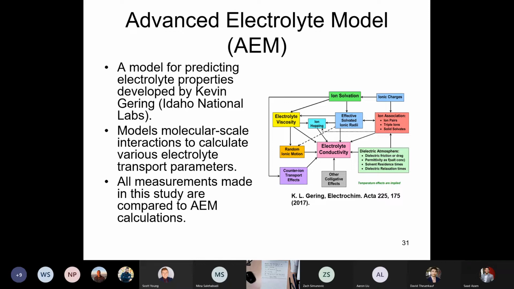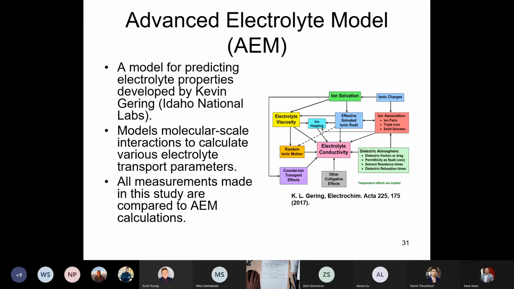So Eric Logan worked together with Kevin Gehring for about 2 years during Eric's master's thesis to really validate the advanced electrolyte model and also find places where it failed. But at this time, the advanced electrolyte model is pretty decent, and I just thought I would show you how it works.